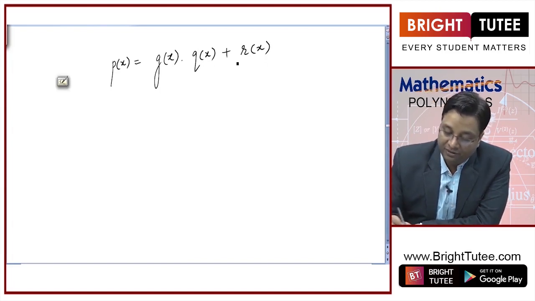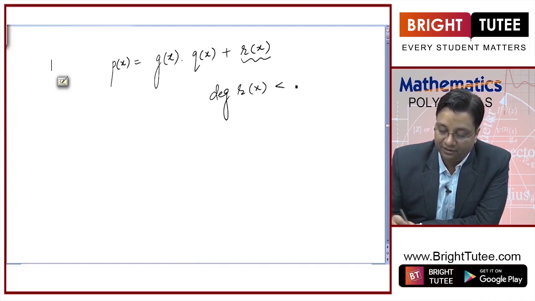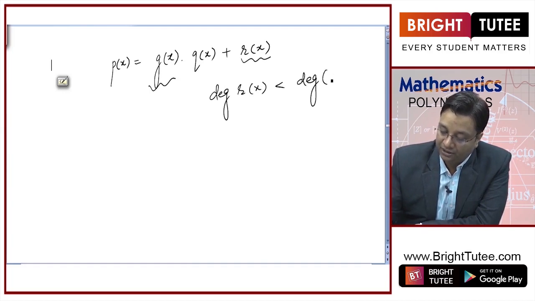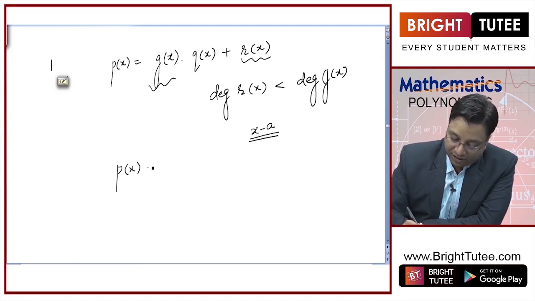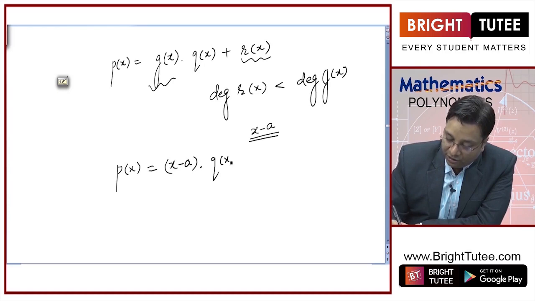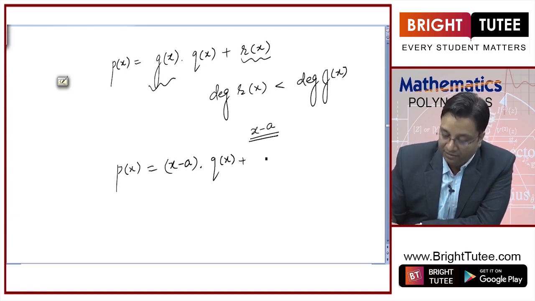And we also said that the degree of the remainder is lesser than the degree of the divisor. Now if I take the divisor as a linear polynomial, x minus a, P of x will become equal to the divisor into some quotient Q of x plus remainder.